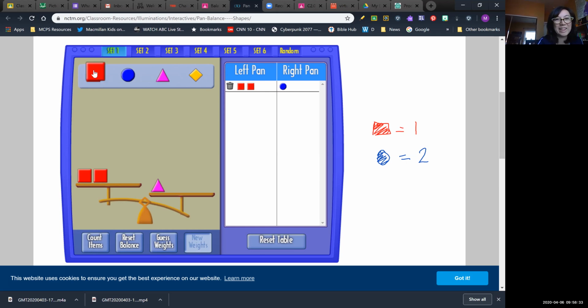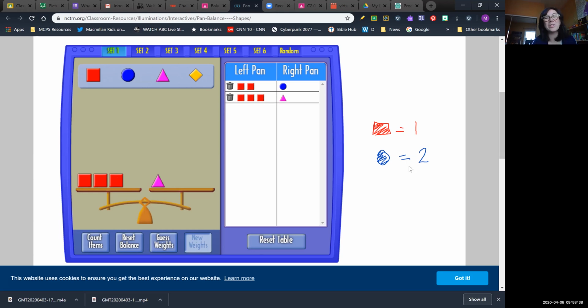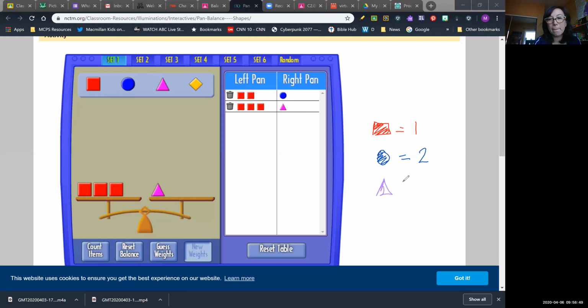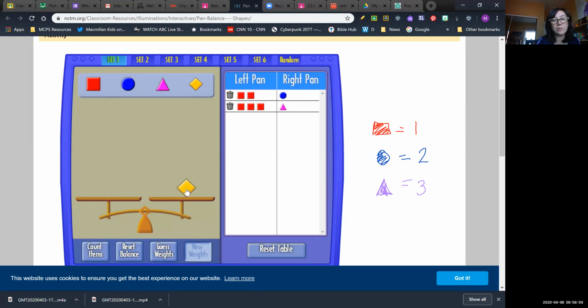It's not even moving. A third square. All right, so the triangle equals 3 squares, or 3. All right, we will reset our balance and try and figure out how much the diamond is worth. Okay, each square is worth 1. The diamond is worth 1.